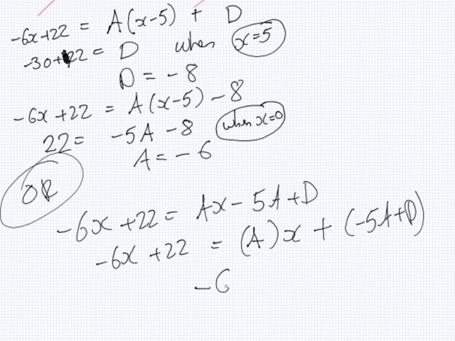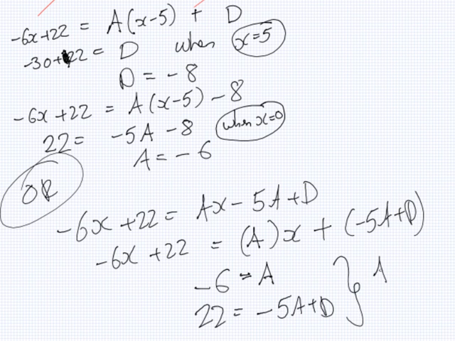So what can you say minus 6 must equal? A. And what can you say 22 must equal? Minus 5a plus d. And when you solve this, you get a equals minus 6 and d equals minus 8. I think this way is easier.